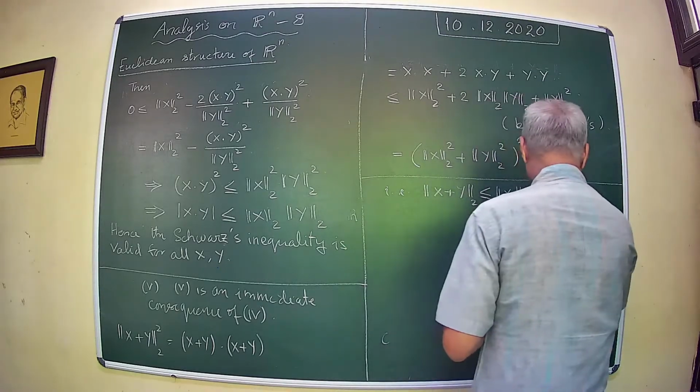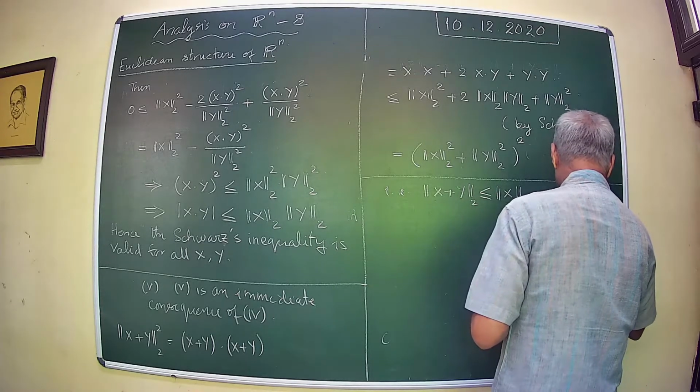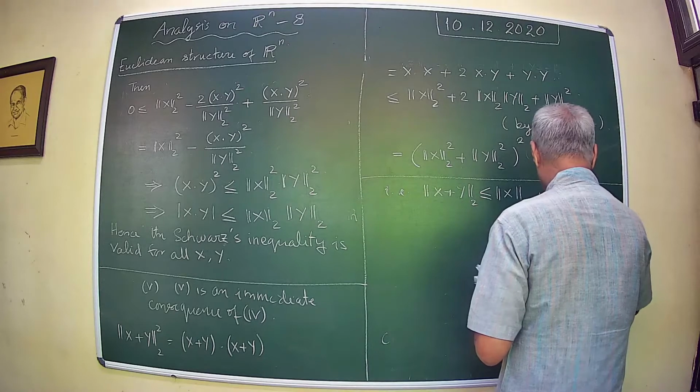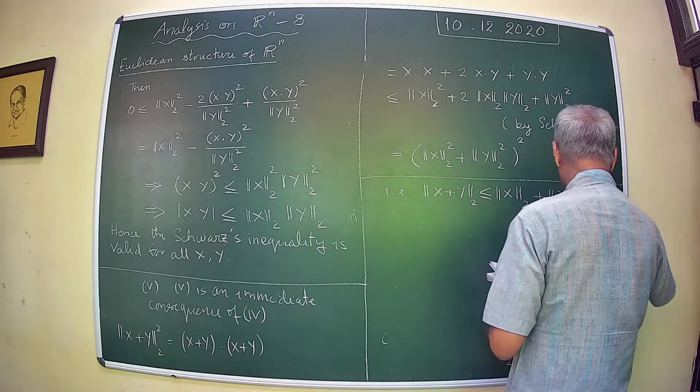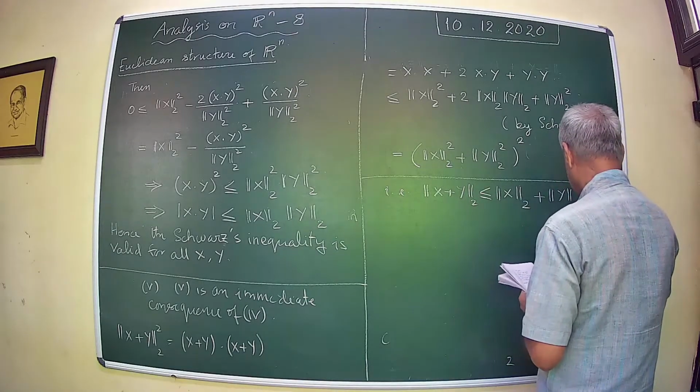So, well, in a way this is the following: this is the vector x, this is the vector y, and you see that your addition rule is the parallelogram law. This is your x plus y.